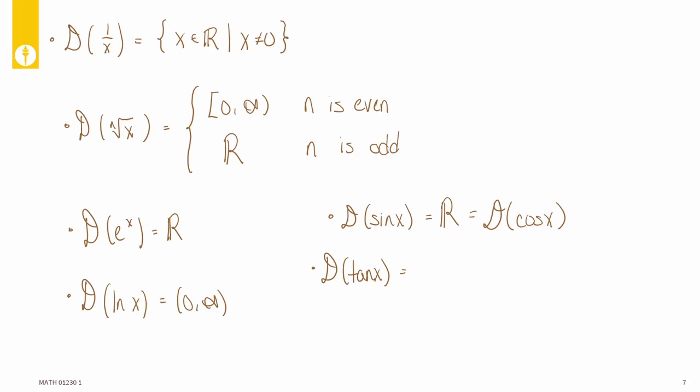What's the domain of tangent? Let's see if you remember. It's everything that doesn't equal pi over 2 or 3 pi over 2. Just those two values? Or any coterminal ranges of those.